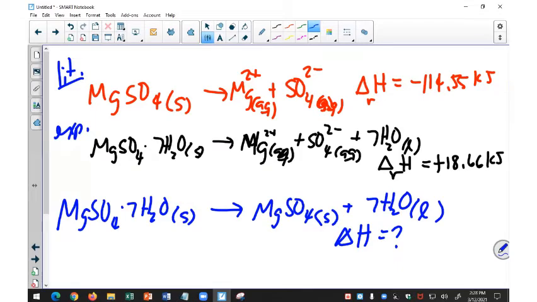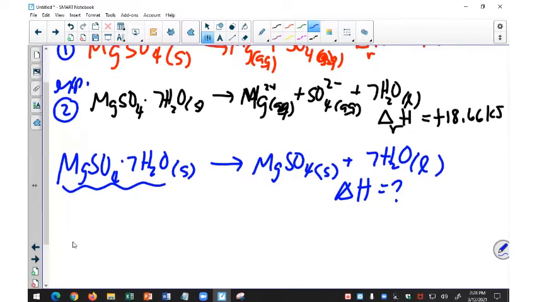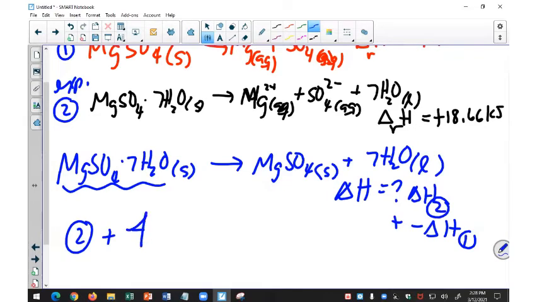Hess's law. I want this as a reactant, so let's call this reaction 1, reaction 2. I flip the first one, right? And I keep the second one as is. So this means this is just going to be delta H for reaction 2 as is plus the negative of the delta H for reaction 1. Hess's law, right? So this is reaction 2 plus flip reaction 1. Okay?